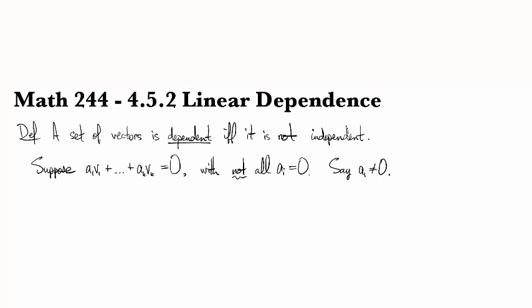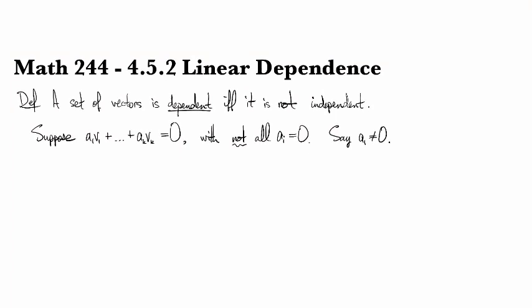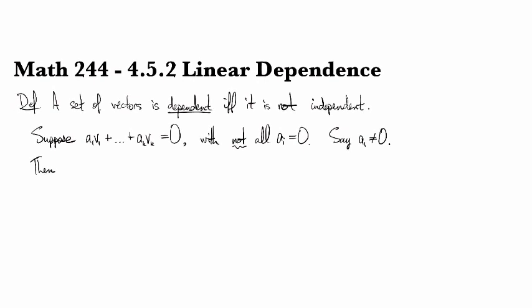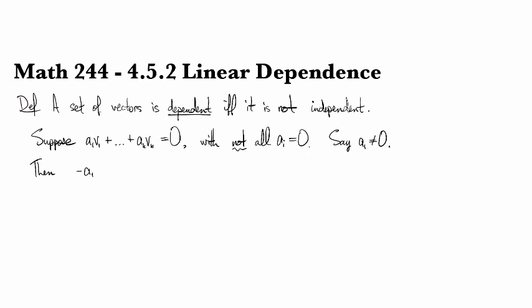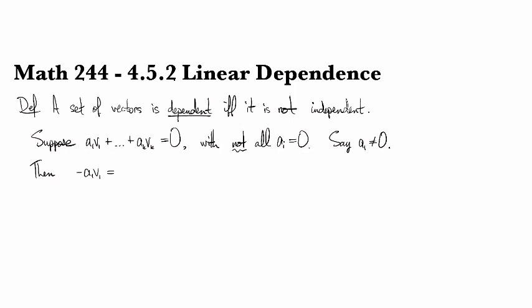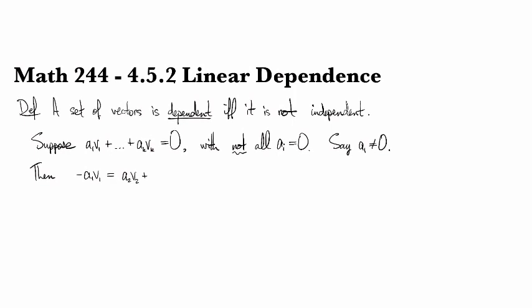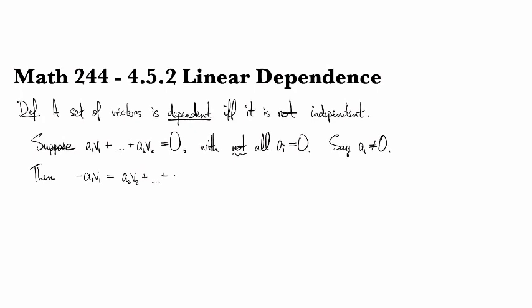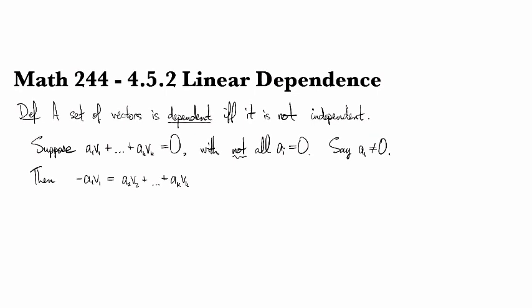That's non-zero. It doesn't matter which. So if a1 is not equal to 0, then we can rewrite this equation: we'll pull the a1 over to one side, and then we'll have all the other terms, a2 v2, a3 v3, and so on, all the way up to the top, still over on the other side.